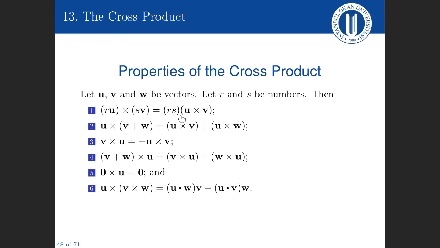We can move the numbers around however we want, it doesn't matter. u cross v plus w is the same as u cross v plus u cross w, as we would expect. But then things start getting perhaps a little unusual. v cross u is not the same as u cross v in general, because v cross u is the same as minus u cross v. I'm going to explain why soon.